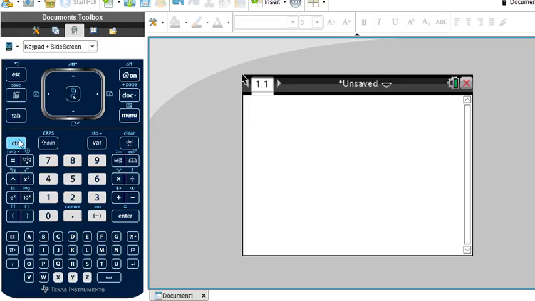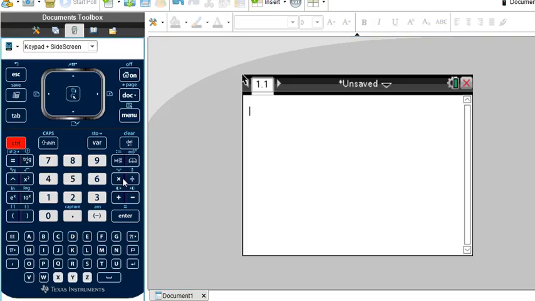So I'm going to press Control Division, and here they allow us to put the base, so I'm going to put log base 10 of 7 over log base 10 of 2.